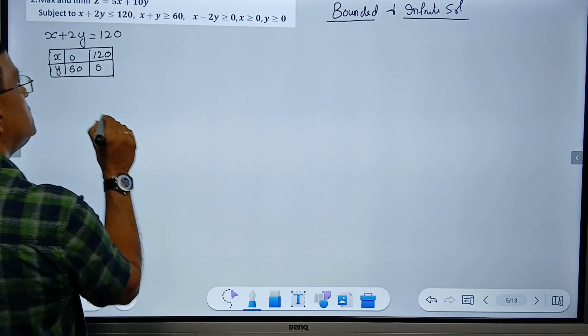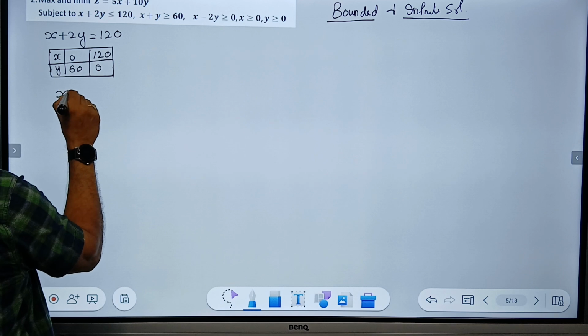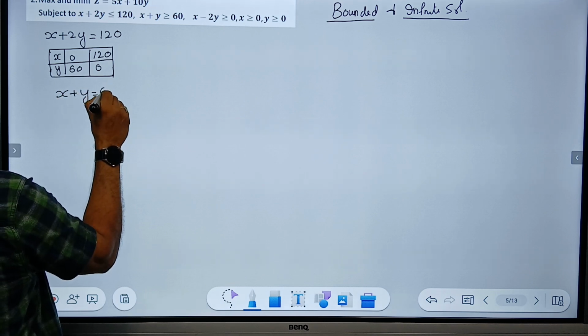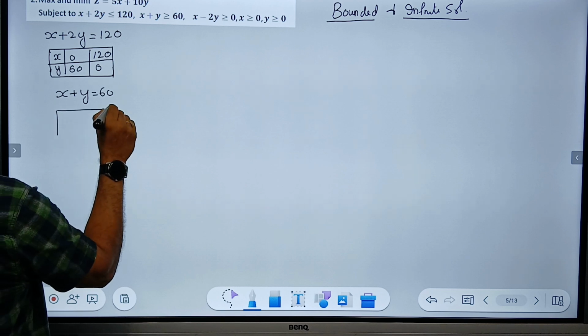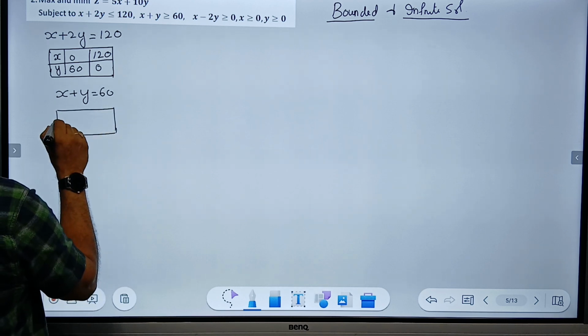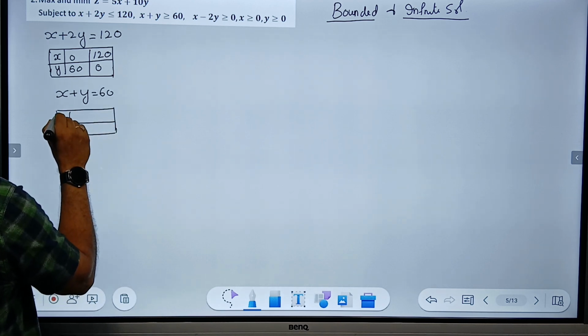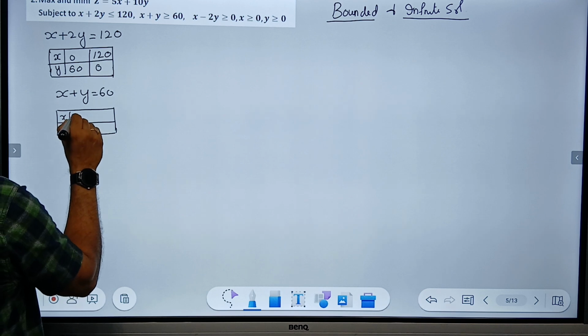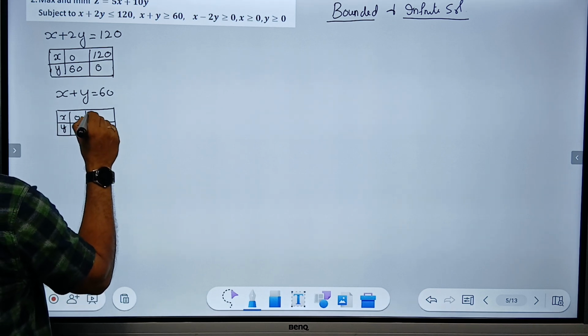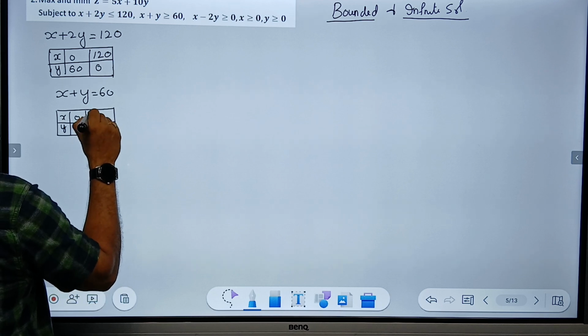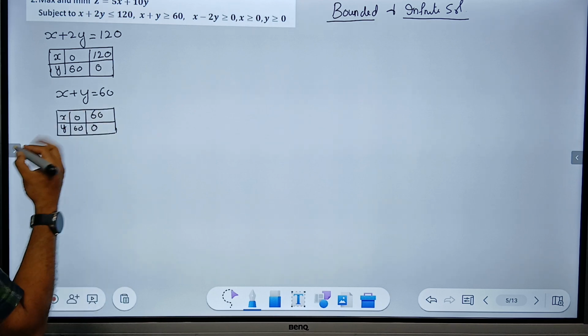The next equation is x plus y equal to 60. Again, plot it. X is 0, y is 60, y is 0, x is 60. Very obvious.